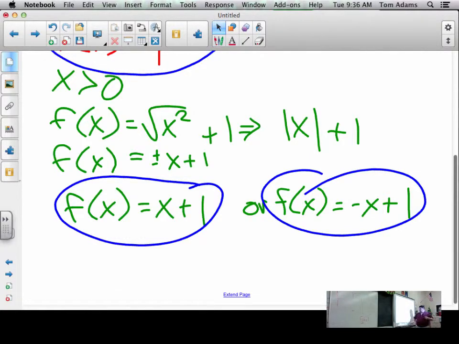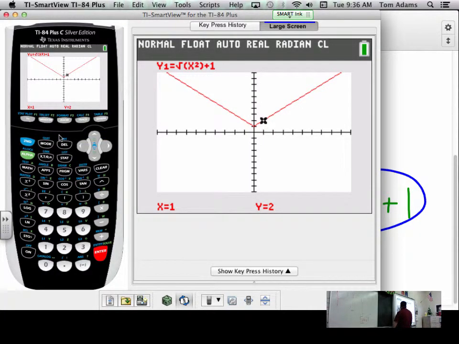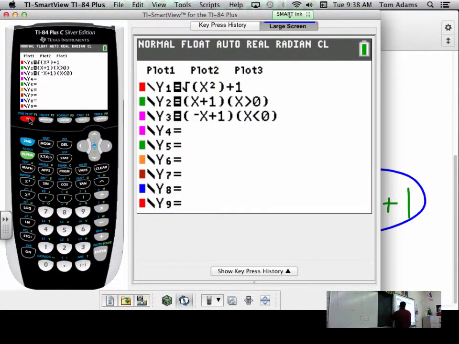So just to show you guys what we're doing here, if I were to graph those two functions, in other words, if I were to come in here and say, you can see. By the way, as I do this, you guys really should be doing this on your calculator as well.